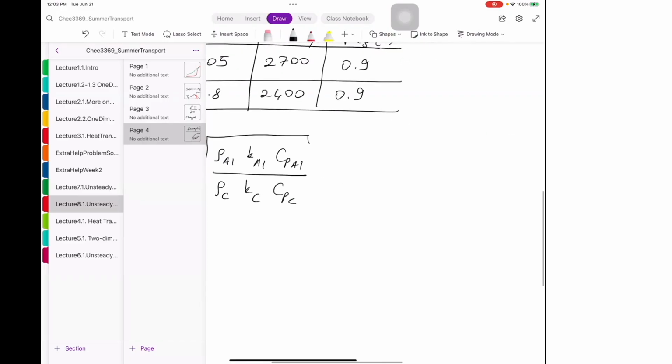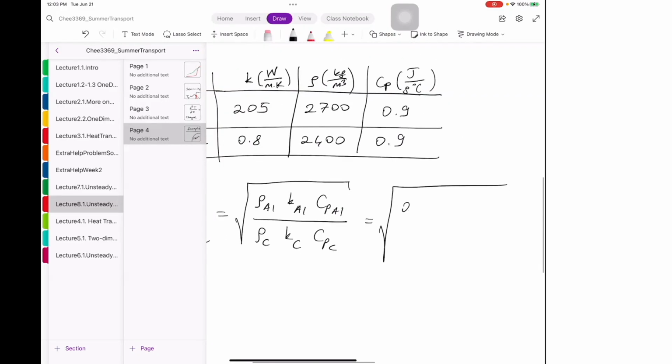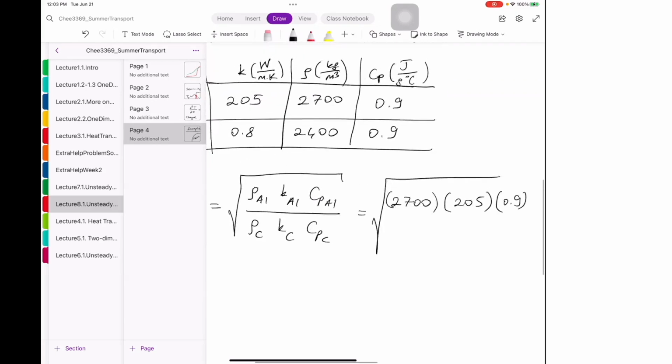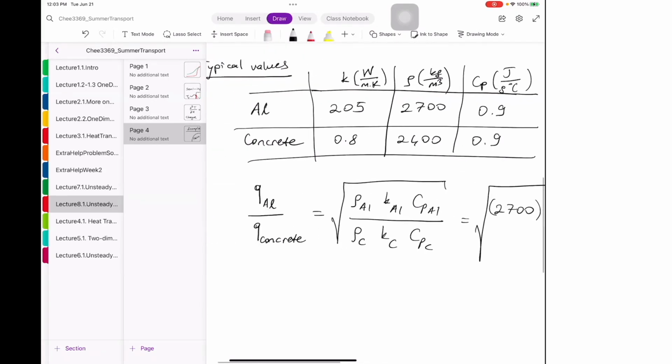And let's plug in the numbers. 205, so let's go in order. 2700, 205, 0.9. Cp and rho are almost the same, but the k is much larger for the aluminum.